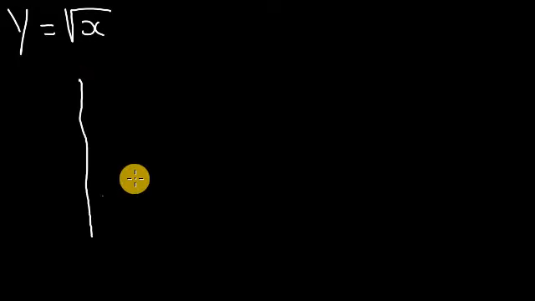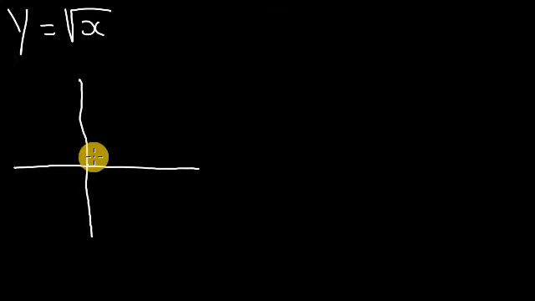Okay. Now, the next type of function we need to talk about is the radical function, that is the square root function. How can we find all the possible values that y can be if y is indeed equal to a square root value? So let's say we have y equals square root of x. What would be the range of y? It turns out that for a radical function, its graph looks something like this.